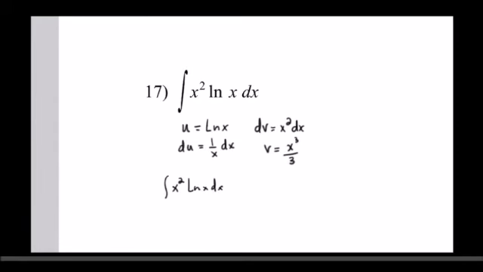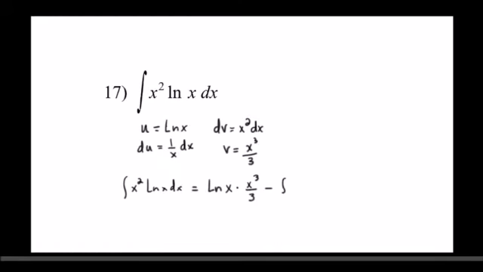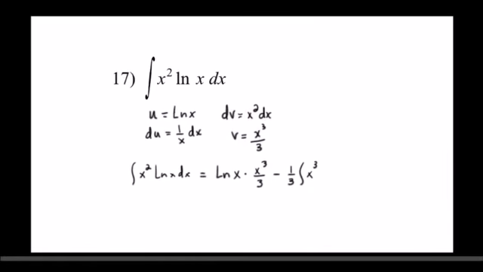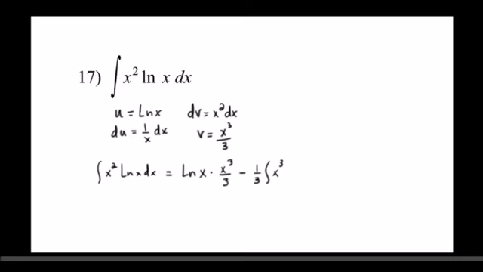So we've got u and our dv. So the antiderivative of u times dv is u times v minus the integral of v. And this x cubed over 3 is really just 1/3 x cubed. So I'm going to pull the 1/3 and then have the x cubed. And then times, so we've got our v times du. Du was 1/x dx. And then x cubed times 1/x is just x squared.